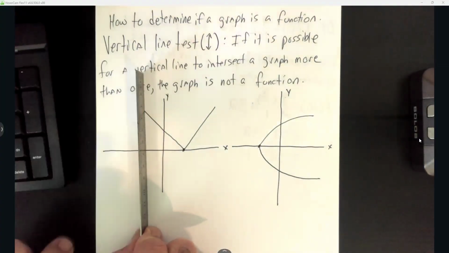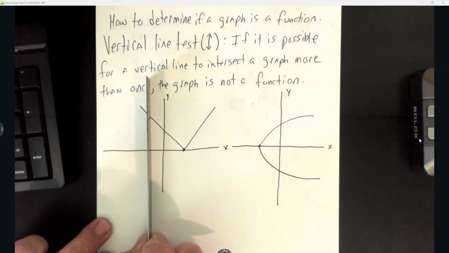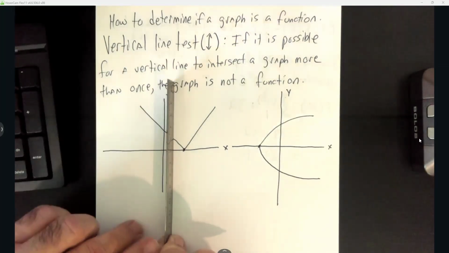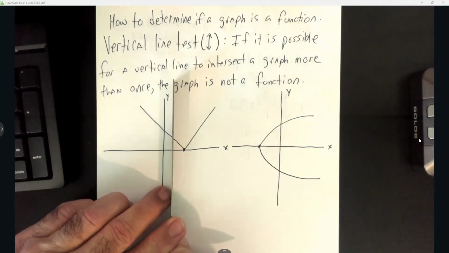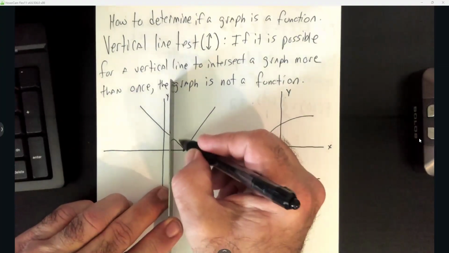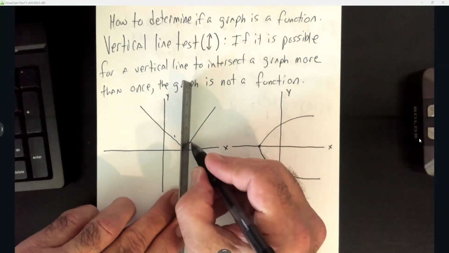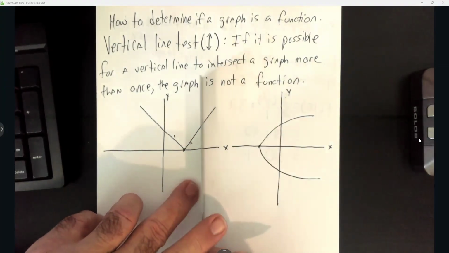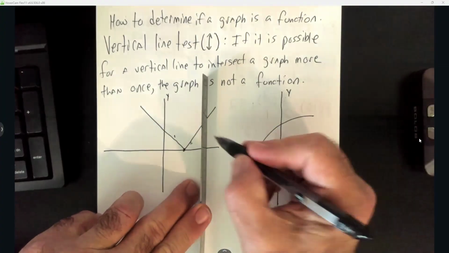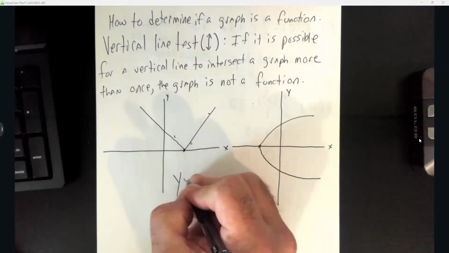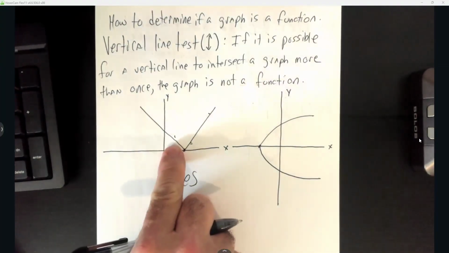It only intersected it once there. Vertical line only intersected this graph once. No matter where I go, notice the vertical line is only intersecting my graph one time there, one time there only. No matter where I put it, it only intersects it one time. So that means, yes, this graph is a function.